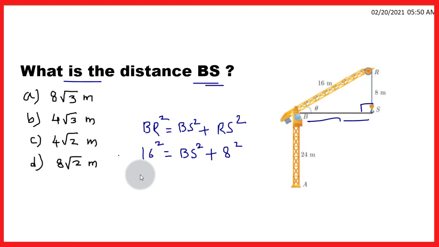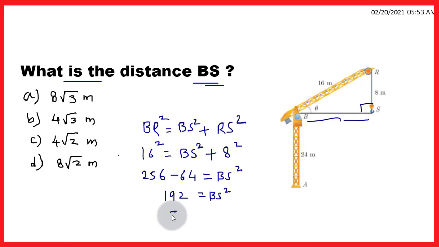So BS square is 16 square, that is 256, minus 8 square, that is 64, since 8 8s are 64. So 256 minus 64 is 192, that is BS square is equal to 192.